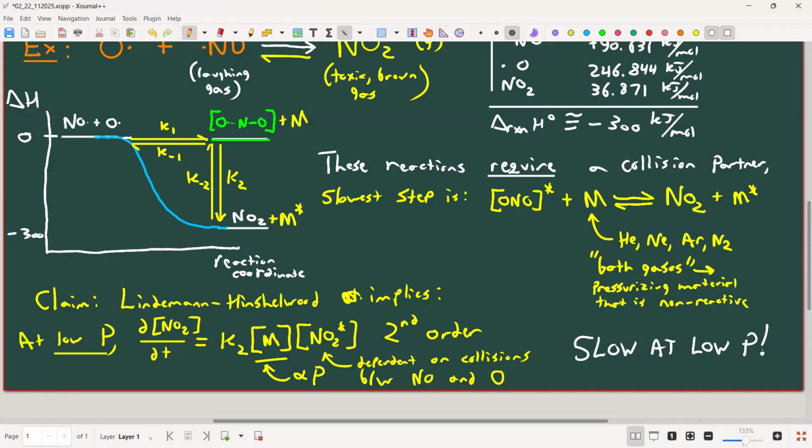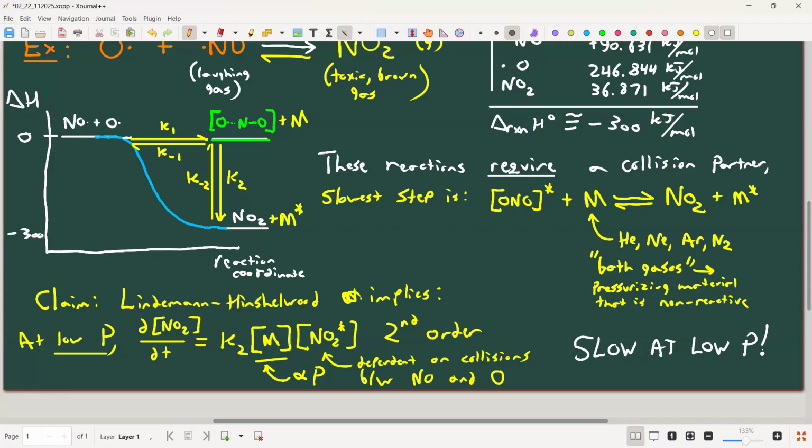This bar is going higher in energy, but so is this one. The enthalpy is increasing for NO2 as well as temperature goes up. But you have 2 moles of gas here with a heat capacity, and 1 mole of gas here. So that means this enthalpy increases roughly twice as fast as this one. So what does that mean? That means at higher temperature, the reaction becomes more exothermic.